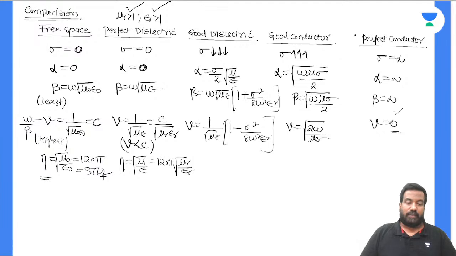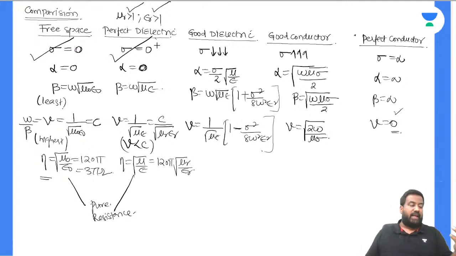Therefore, eta starts to decrease, and moreover, eta is pure resistance in these cases. Remember that whenever sigma is 0, impedance is pure resistance. You will not have any losses.